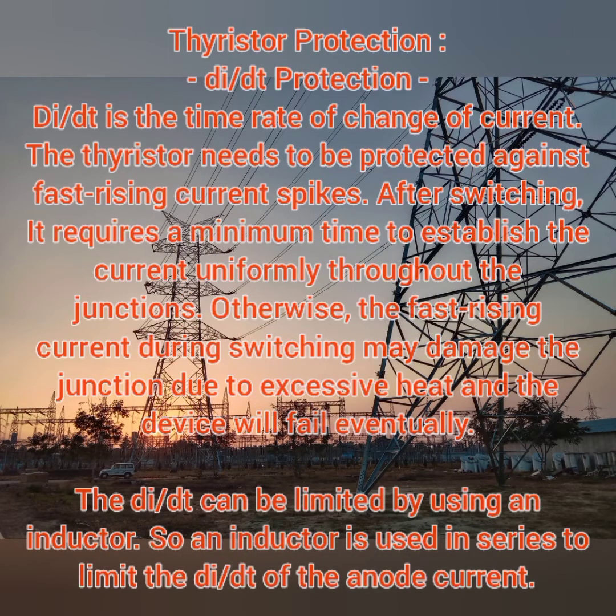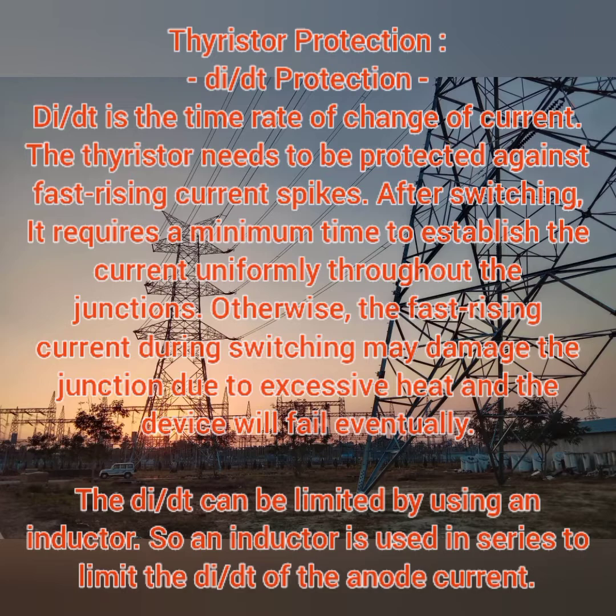When connecting with the system, we need protection for these thyristors. Here we have two types of protections. One is di by dt, and another one is dv by dt, which means rate of change of current and rate of change of voltage. For the rate of change of current, the thyristor needs to be protected against fast rising current spikes.